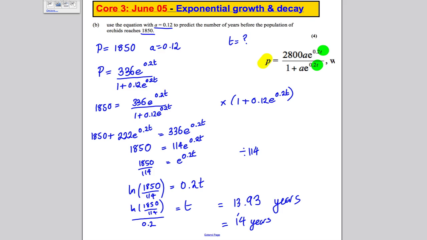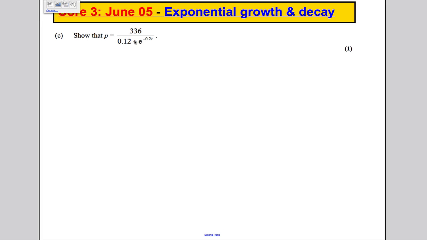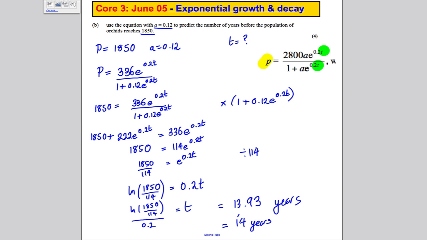Okay, next, part C. Show that P is equal to this. We want to show that P is equal to this here. We had already done that in the part above by substituting in.